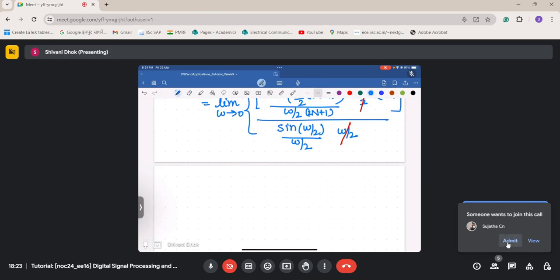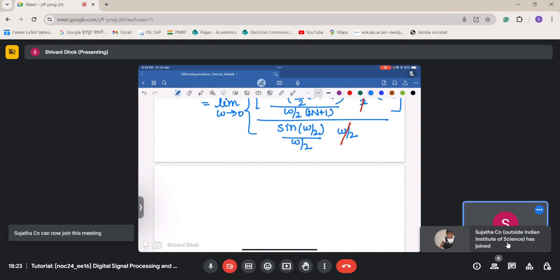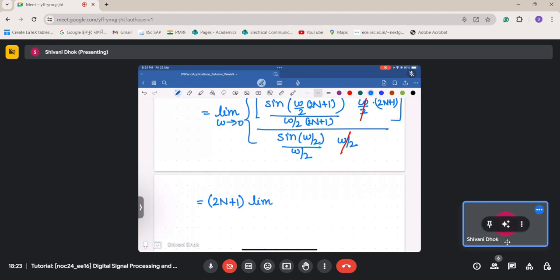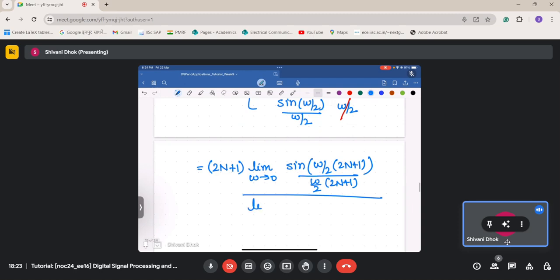So this I can write as 2n plus 1 into limit omega tends to 0 sine of omega by 2 into 2n plus 1 upon omega by 2 into 2n plus 1, divided by limit omega tends to 0 sine of omega by 2 upon omega by 2.